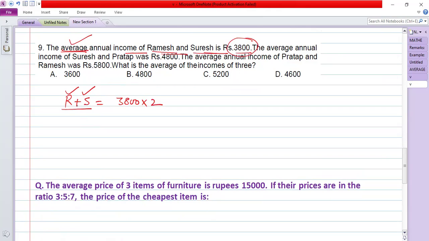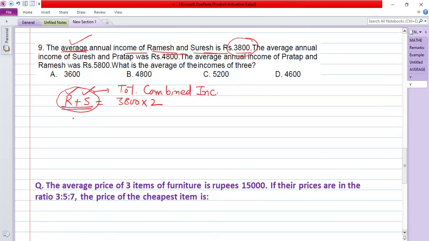So R plus S is the total combined income of Ramesh and Suresh.